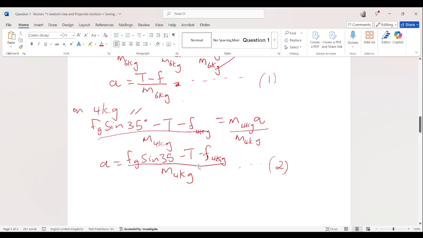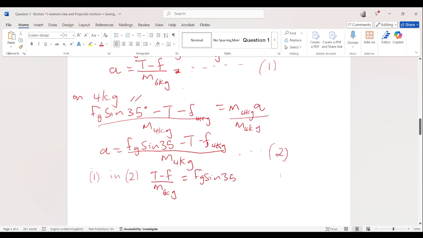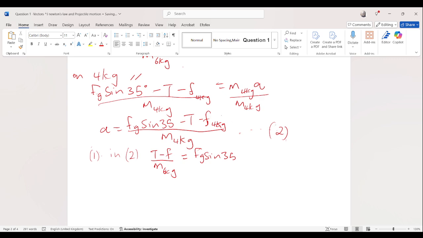So, given that, if we replace in equation 1 and 2, we will have T minus f divided by the mass of 6 kg equals FG sine of 35 minus T minus the friction of 4 kg all over mass of 4 kg.